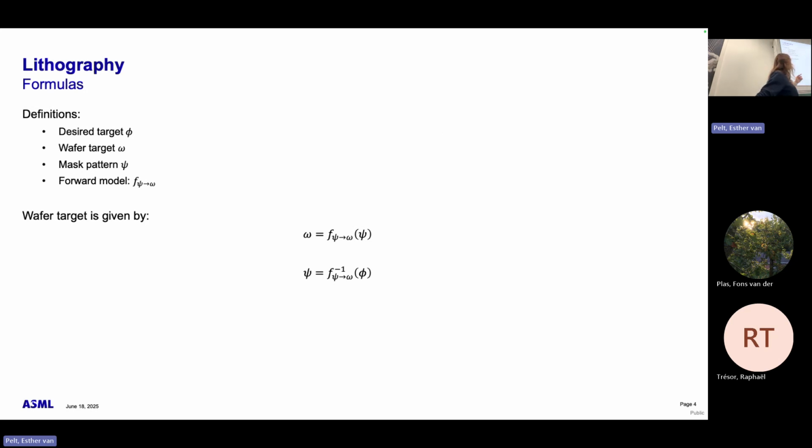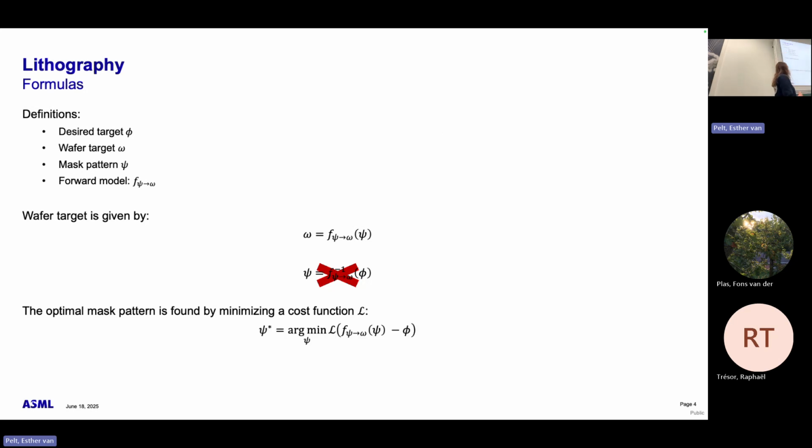Now, it would be easy if we could just compute the inverse, but that's not possible. Therefore, the optimal mask is typically found by minimizing a cost function, which optimizes for the difference between the actual wafer target and what we want to have. And that's the basis of inverse lithography.